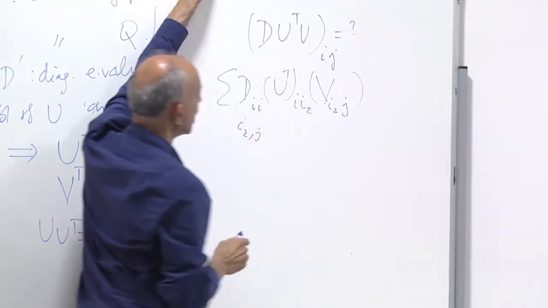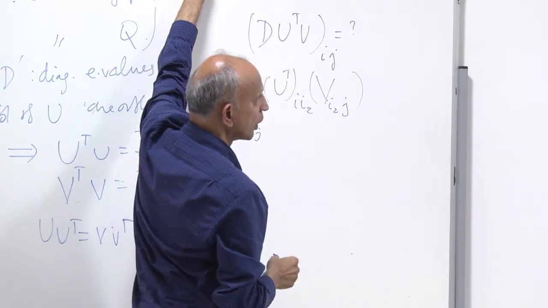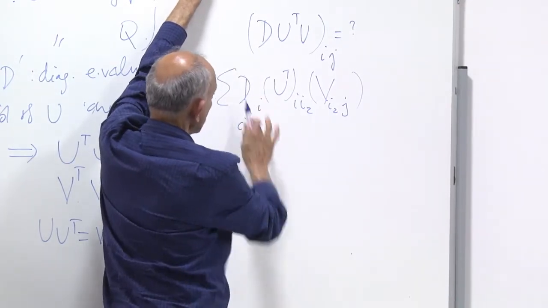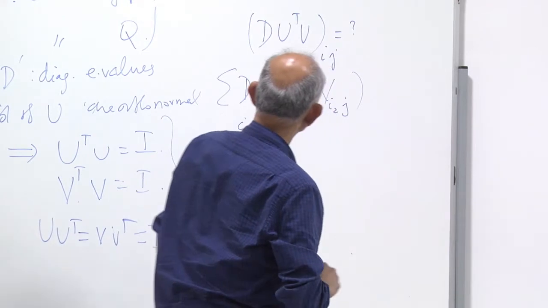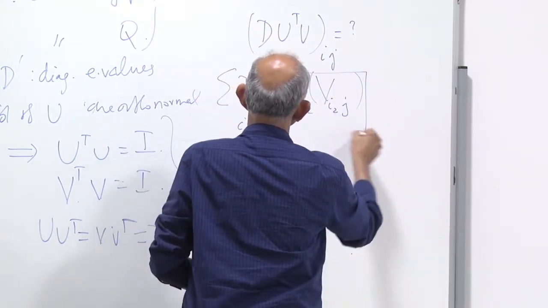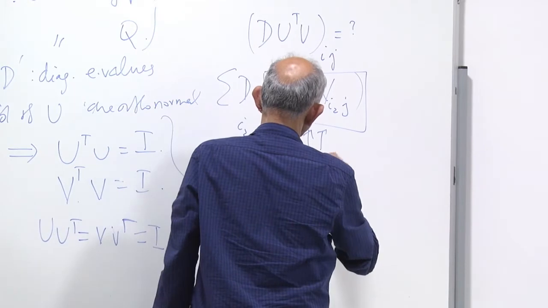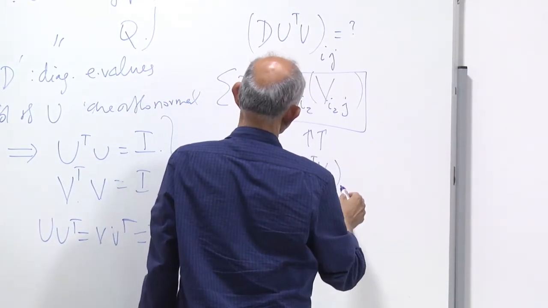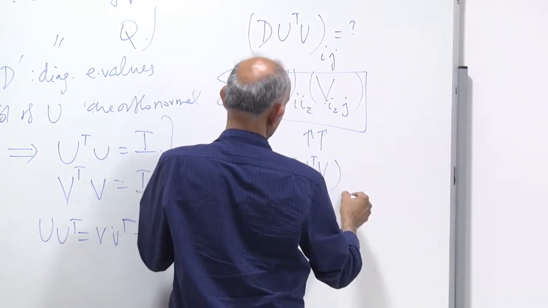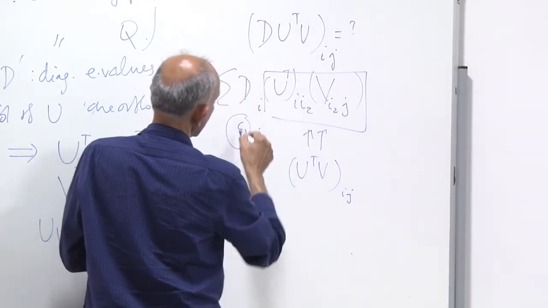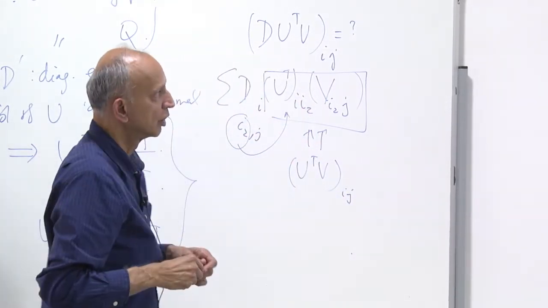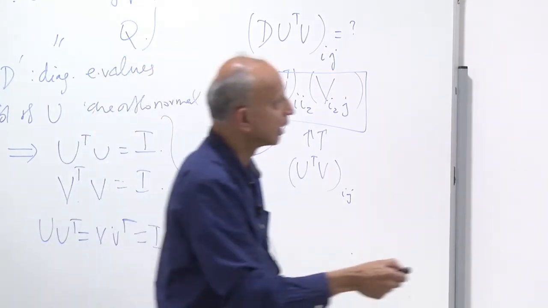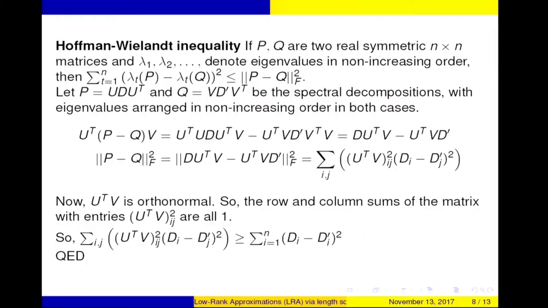So you get d ii, which I call d i, times the ij-th entry of U transpose V, because the sum over i2 goes in there. I've just done the algebra for the first one, and the second is similar, with the same U transpose V.